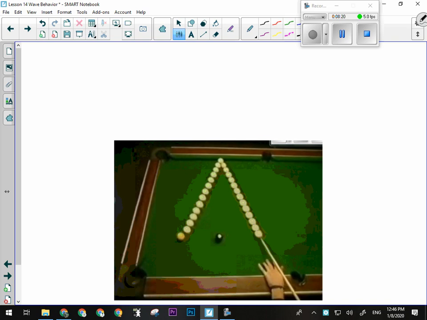Okay? So, what I do is I have my friend stand behind the bumper with a cue as far behind the bumper as the ball is in front of it. Sorry, that's a bad line to draw.